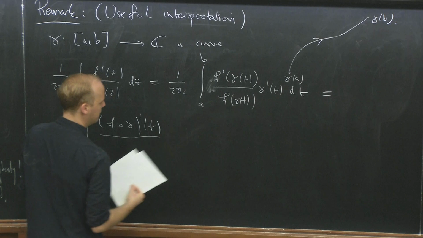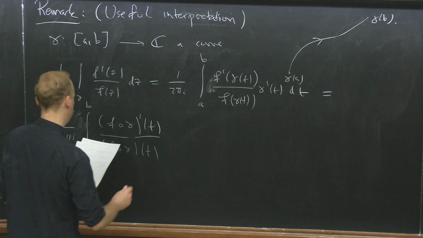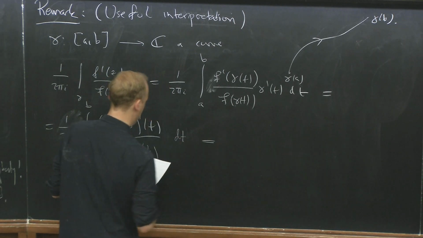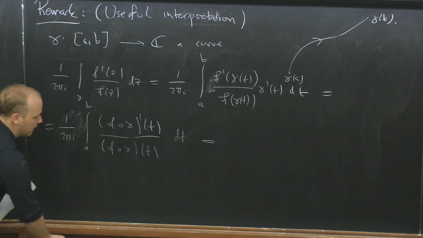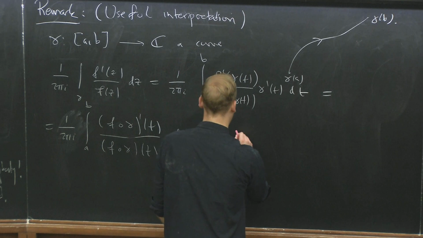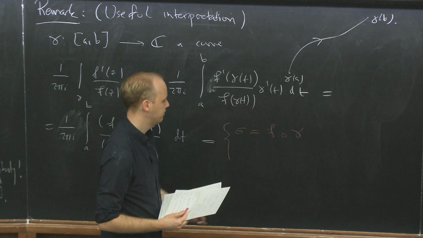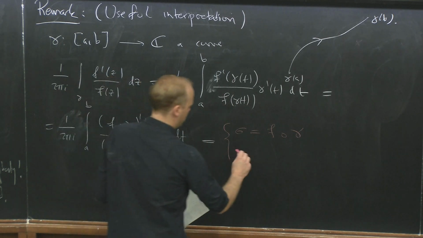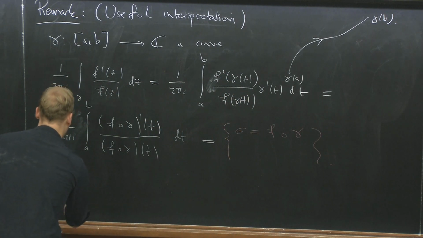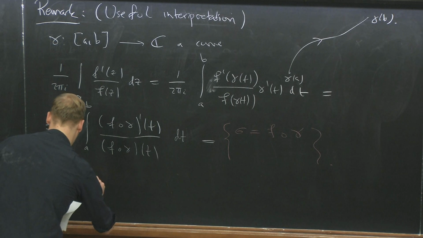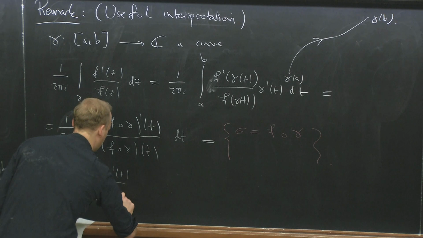It's this times this, and then down here, let me put f of gamma of t dt. Now if I introduce some notation, let me say that sigma is f composed with gamma. Then this is equal to 1 over 2 pi i, integral from A to B of sigma prime of t over sigma of t dt.